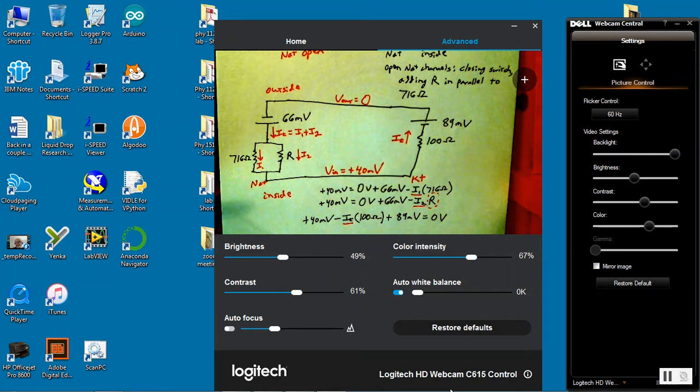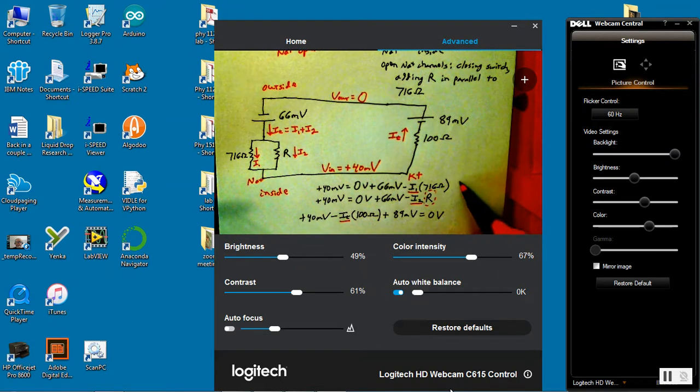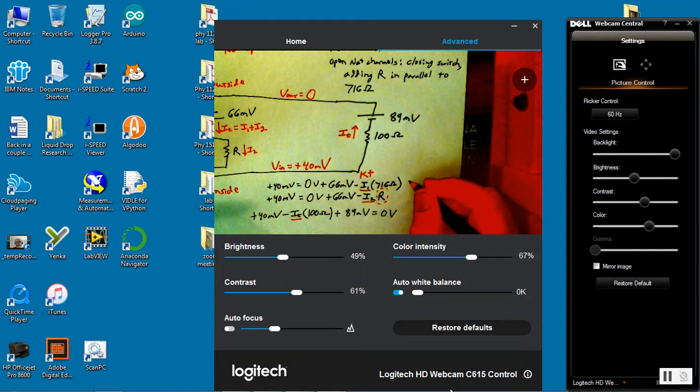Okay, stop here for a second. Make sure you understand each little piece of this. This piece, I went from outside to inside through the 716 resistor.